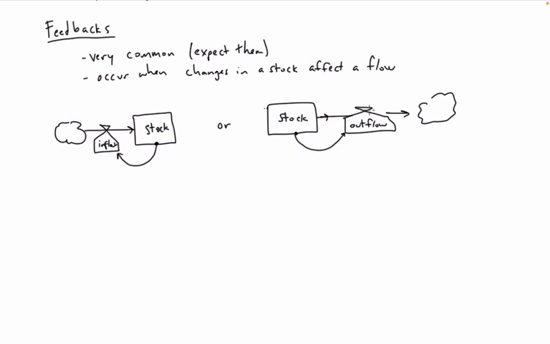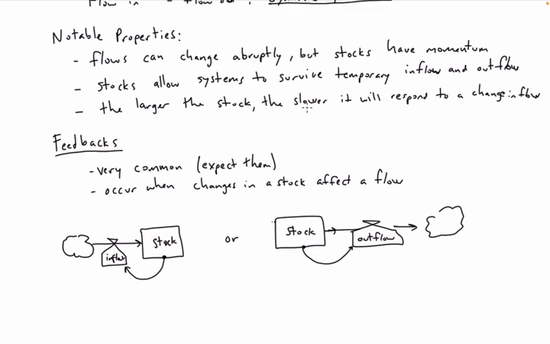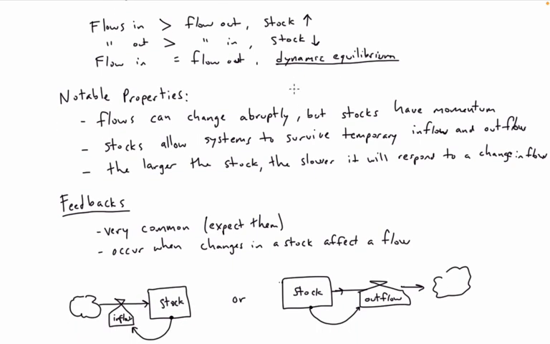I'm sorry, let's be clear about this. The stock will increase, as we just learned up above, right? Stocks will increase based on the difference between the flow in and the flow out, right? Or decrease based on that difference.